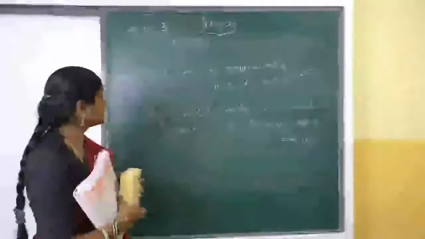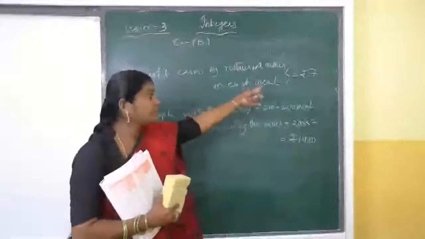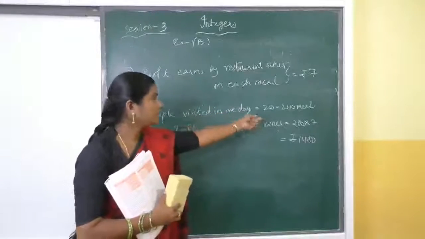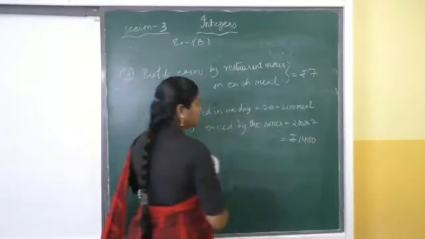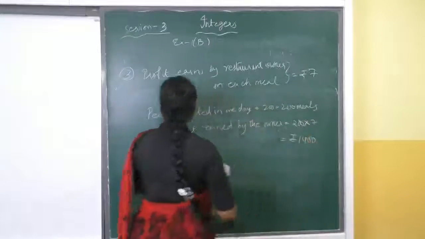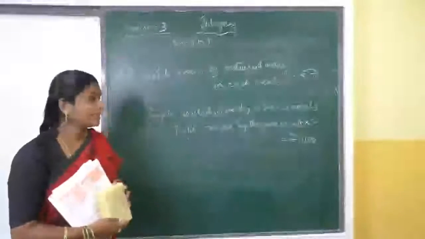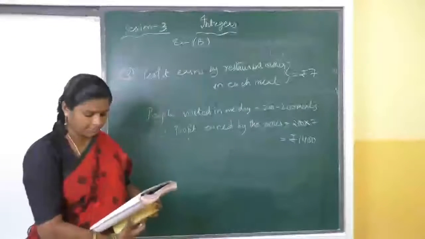So here we can say that the profit earned by the restaurant on each meal is rupees 7, and people visited in one day is 200, so it is 200 meals. In the same way, the profit earned by the owner is 200 into 7, which comes to 1400 rupees he is going to earn per day.